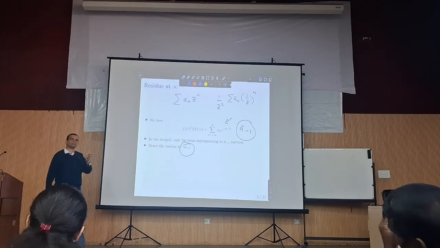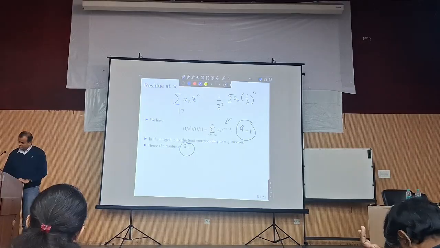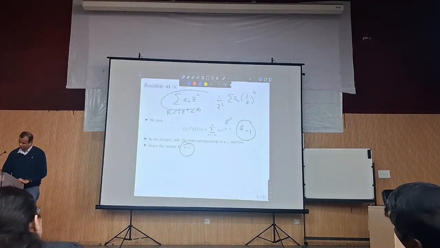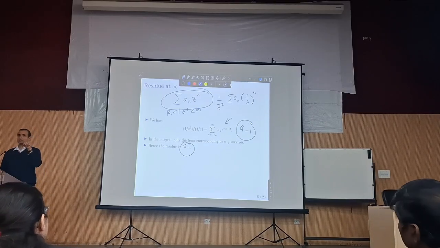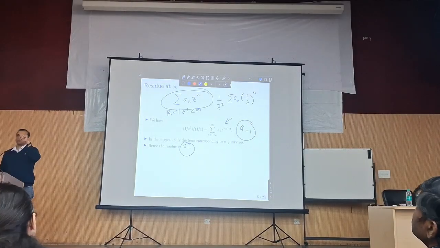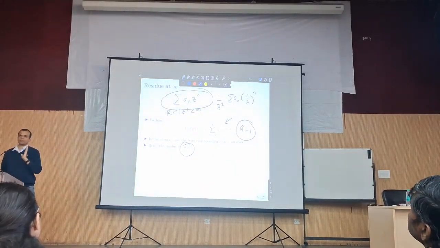If I consider the Laurent series expansion, for mod z at least r and less than infinity, which is over here, I just start with that. And then all I need to do is just look at the coefficient a_minus 1 in that expansion, and then put a minus sign. That's it. That's going to be the residue at infinity.